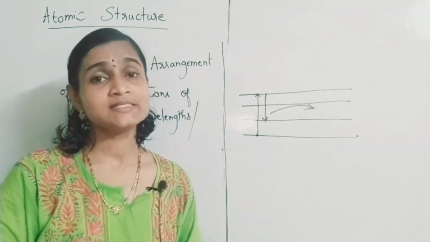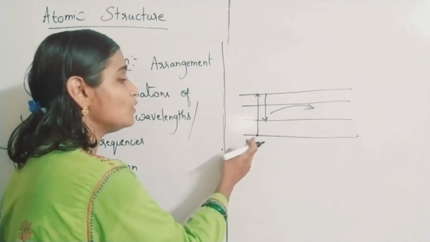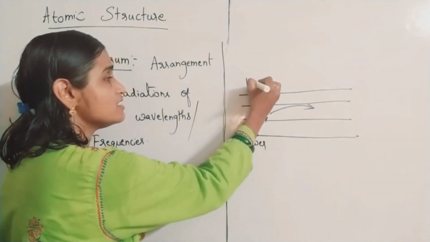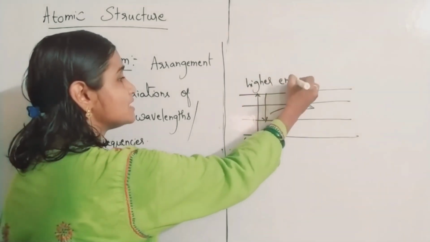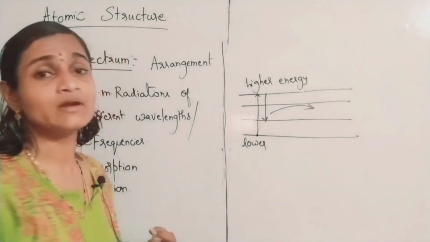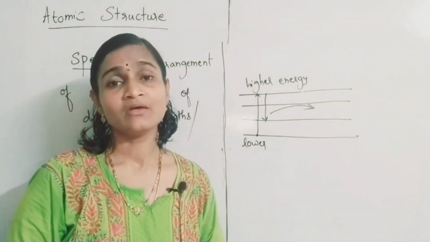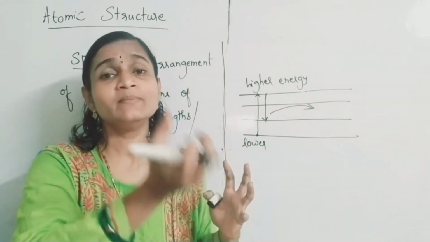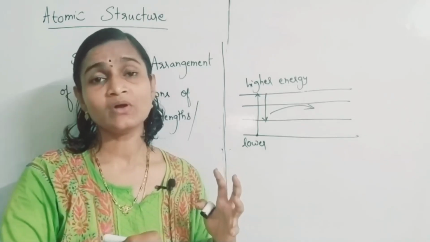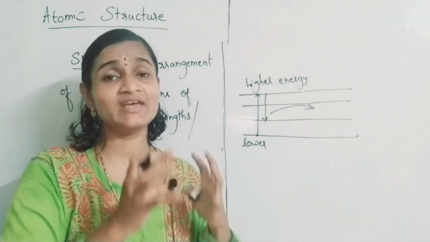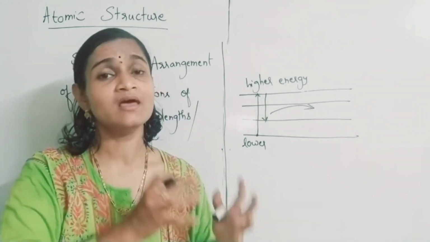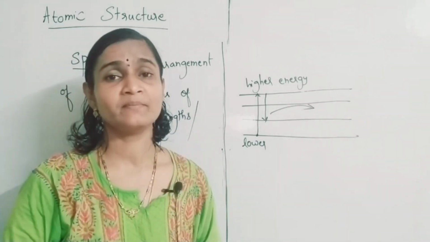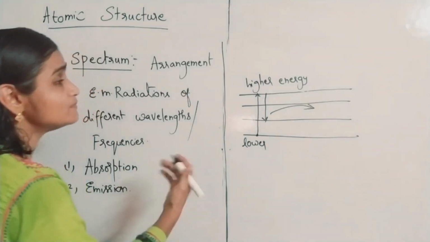When the electron jumps from lower to higher, some of its energy is absorbed and exhausted, so some wavelengths of the light will be absorbed. Wherever a wavelength of light is absorbed, you will find a dark patch on a bright background. That is called the absorption spectrum.